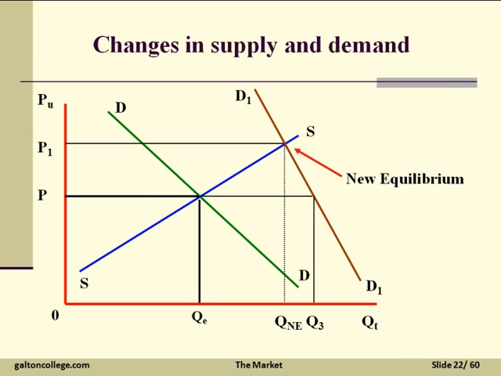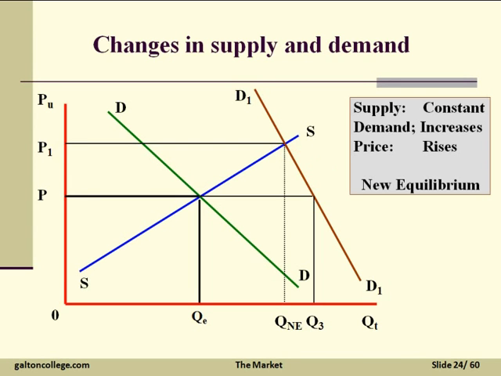So that is the new equilibrium. In this case, the supply curve has remained constant, demand increases and the price rises, and we have a new equilibrium.